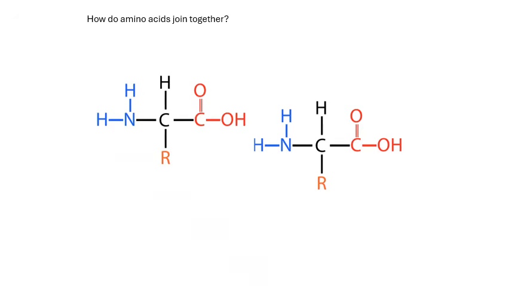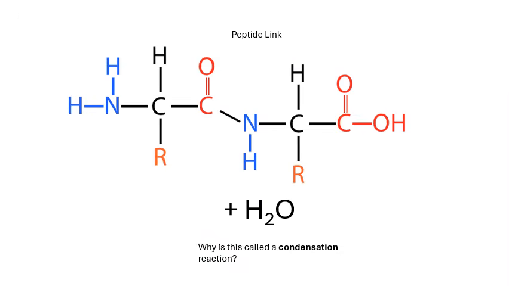How do amino acids join together? Well, here's a couple of amino acids, and what happens is these things join together and it chucks out an H2O, and it's called a condensation reaction. I think I mentioned this in another video. It should be pretty obvious why. Yes, and what we end up with is something called a peptide link.